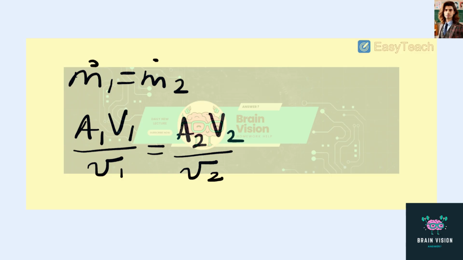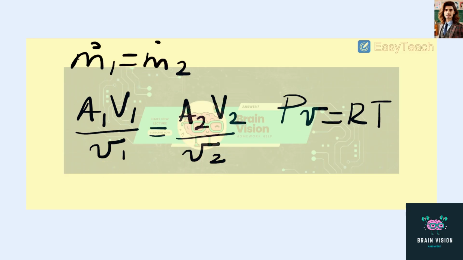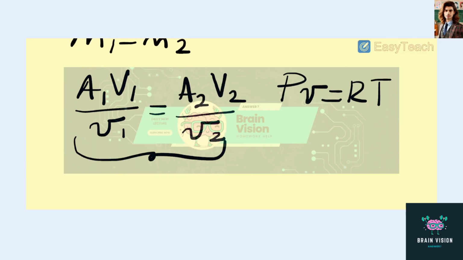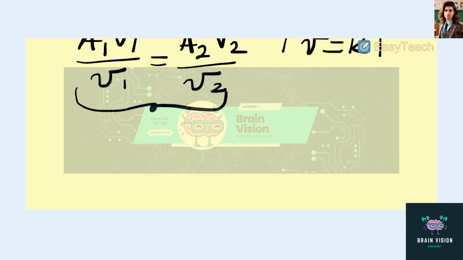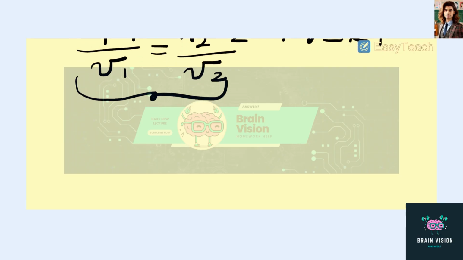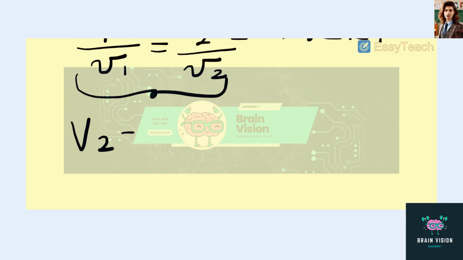And recall that the ideal gas law is P times specific volume equals RT.